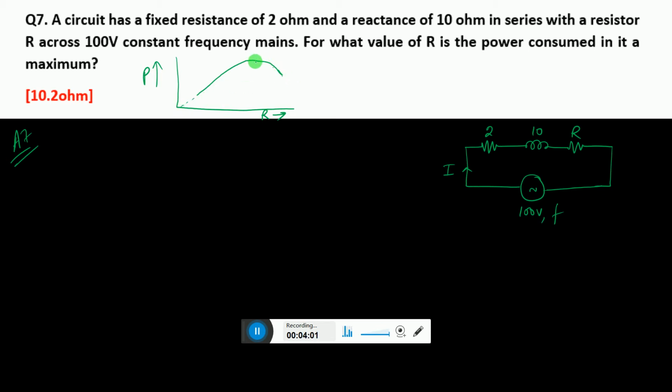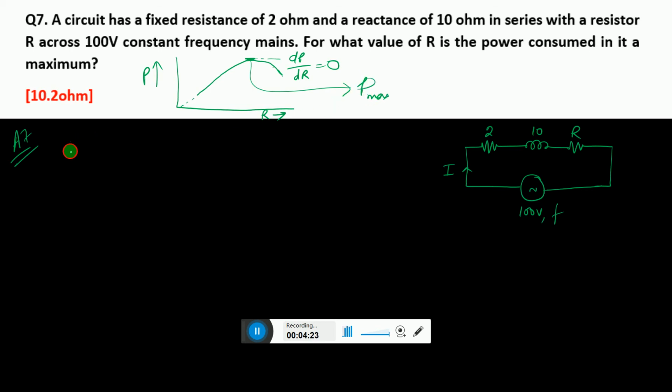At certain value of R, not the minimum value of R, we get the slope as 0. We can see that dP by dR is equal to 0. The slope is 0, it means also that at this particular value P is maximum.